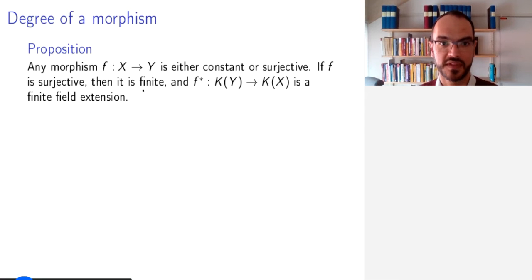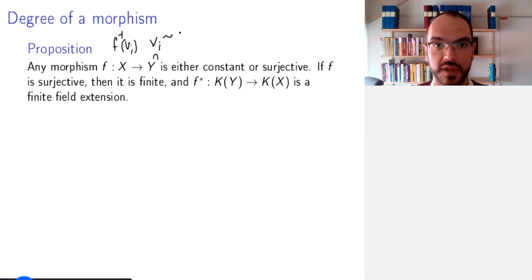So the morphism being finite, more precisely, finite means that it is finite on affine opens. So we can cover Y with affine open sets V_i. Then we look at f inverse of V_i. And these correspond to some algebras.